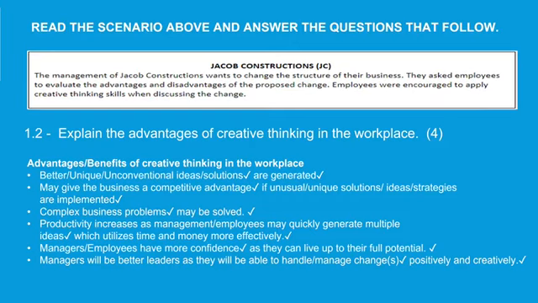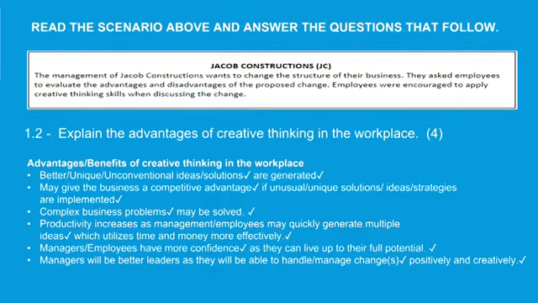If unusual, unique solutions are implemented. So there's a great example of the statement and then the qualifier. The statement being may give the business a competitive advantage, and then the qualifier, you ask the question why, or how, if unusual solutions have been implemented.